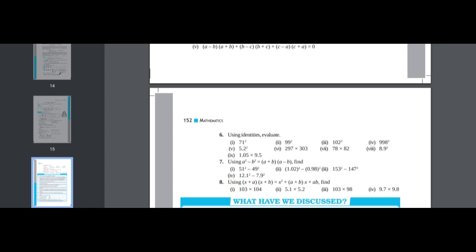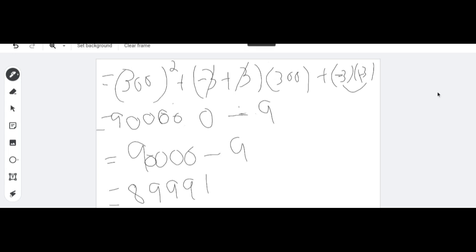Okay, now I will do the 8th part, 8.9 square. So what do I have to do here? This is a point square. Now 8.9 square means that I have to do a subtraction or addition to get 8.9.